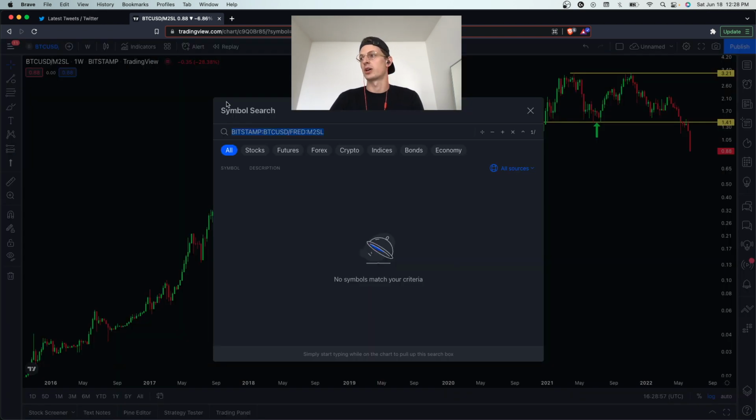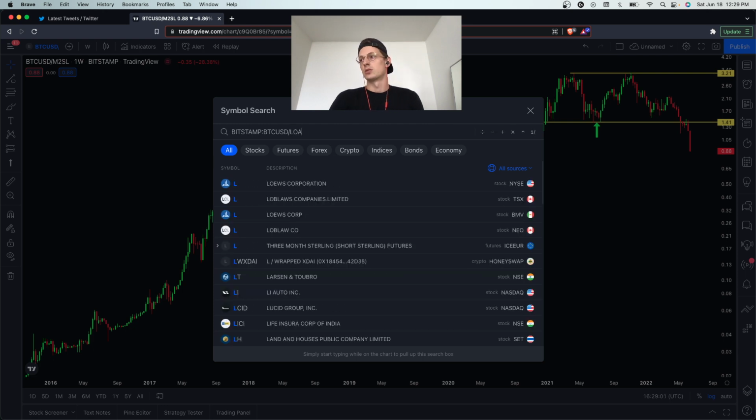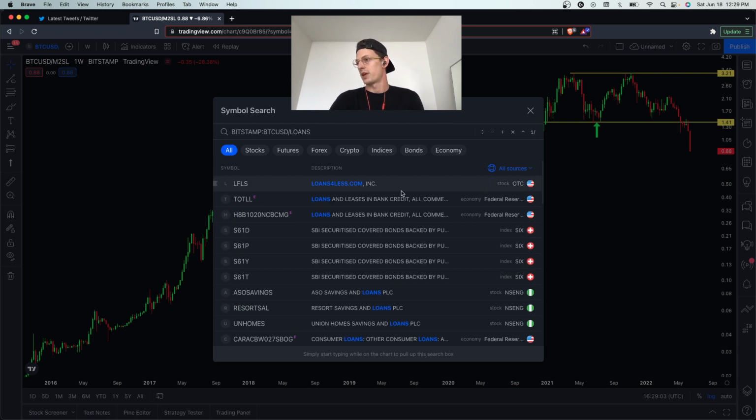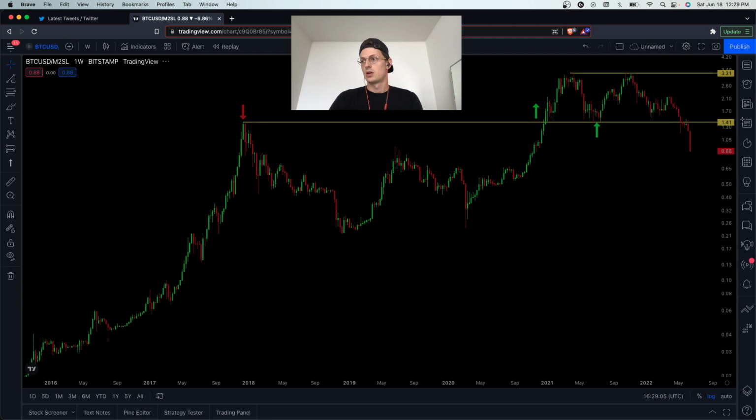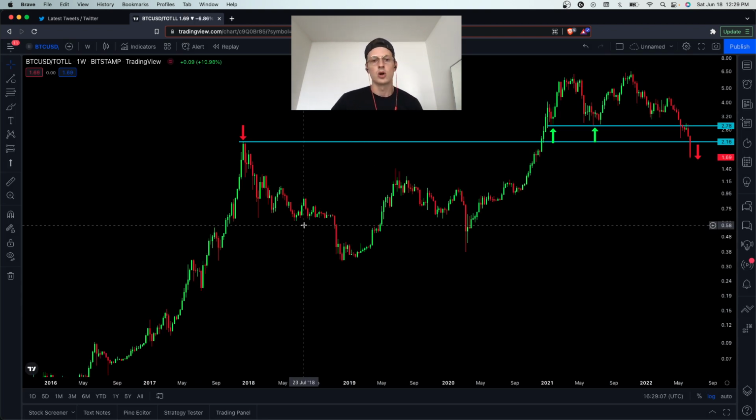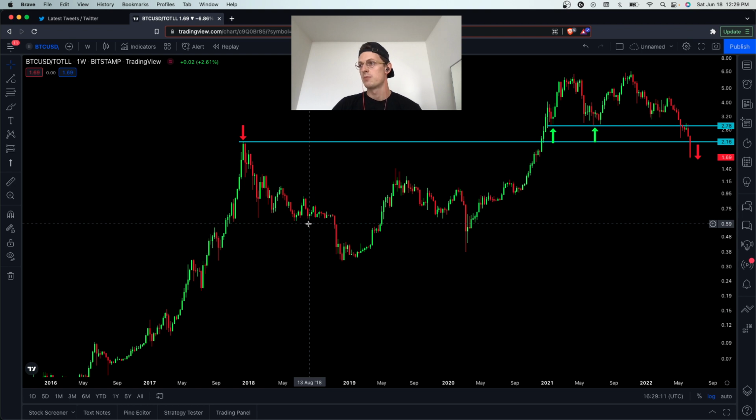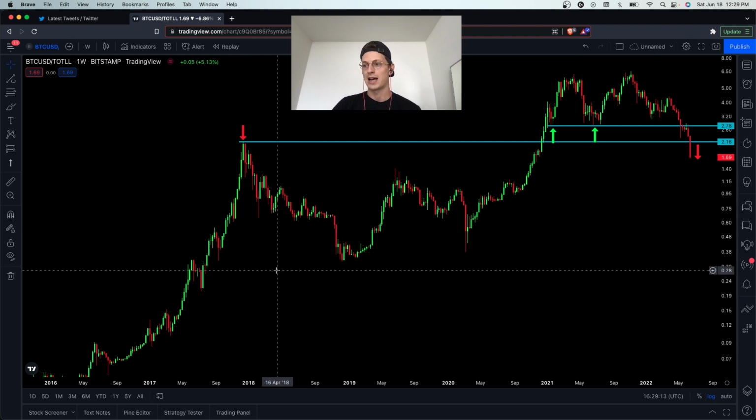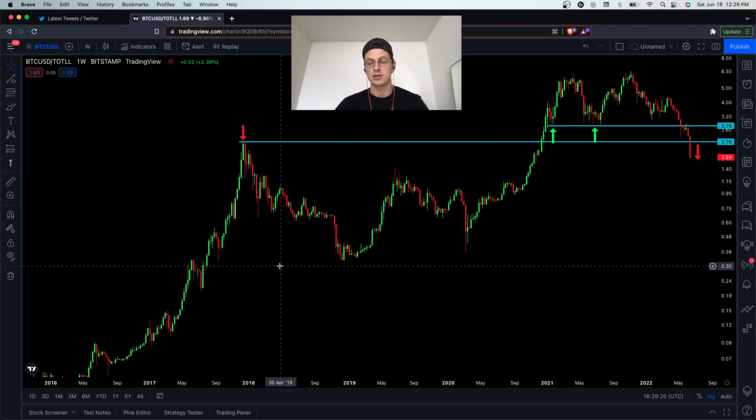I think the last chart I'd like to focus on is loans and leases in bank credit. This is beautiful here. So if we're looking at loans and leases in bank credit, this is coming from the Federal Reserve's database, basically reporting on the value of all outstanding loans and leases issued by commercial banks in the United States.